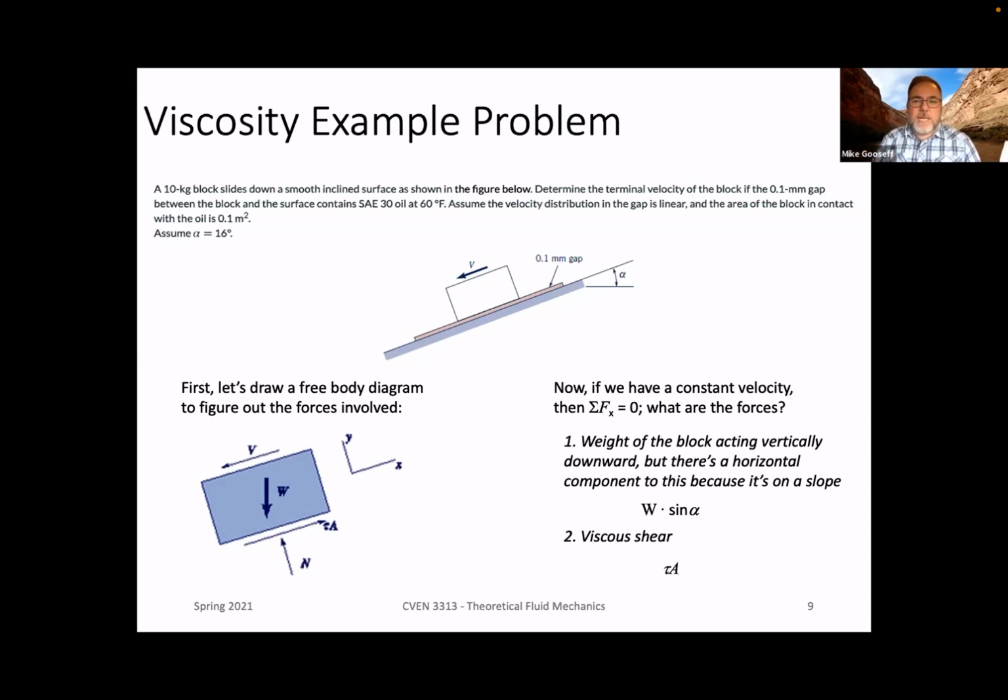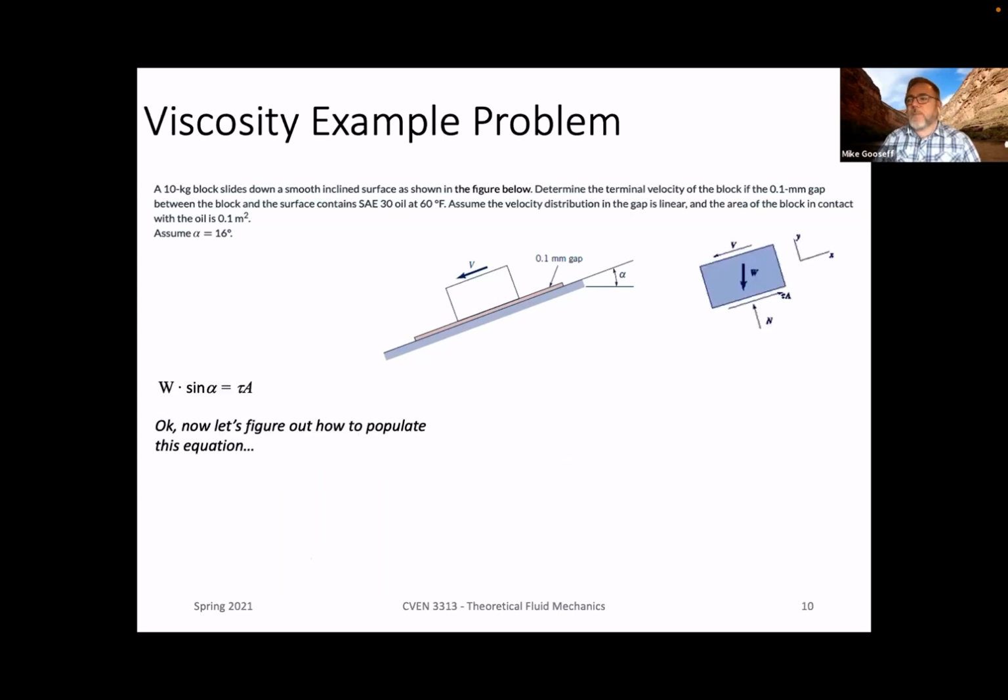It's only working in that direction, right? Okay, so I've put our free body diagram on the right-hand side here, and on the left, I've just gone ahead and equated these two forces with each other. So W sine alpha is on the left-hand side, tau times A is on the right-hand side. Those have to be the same magnitude working in opposite directions for this to work out.